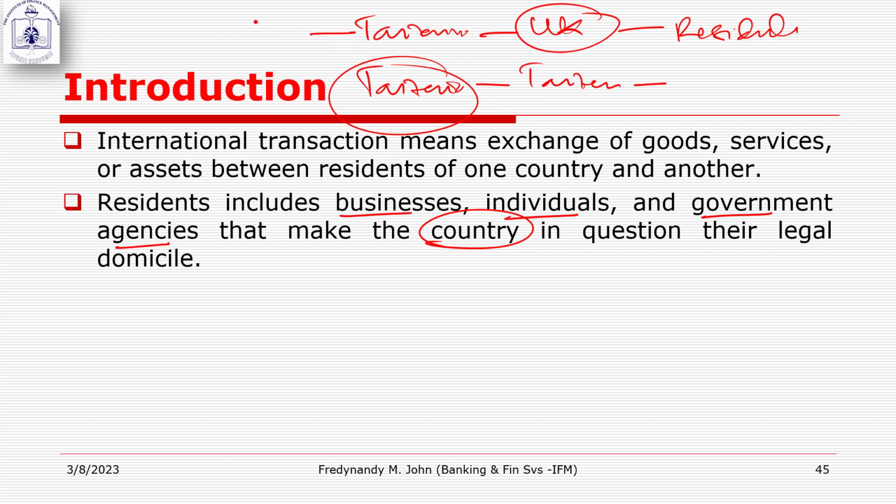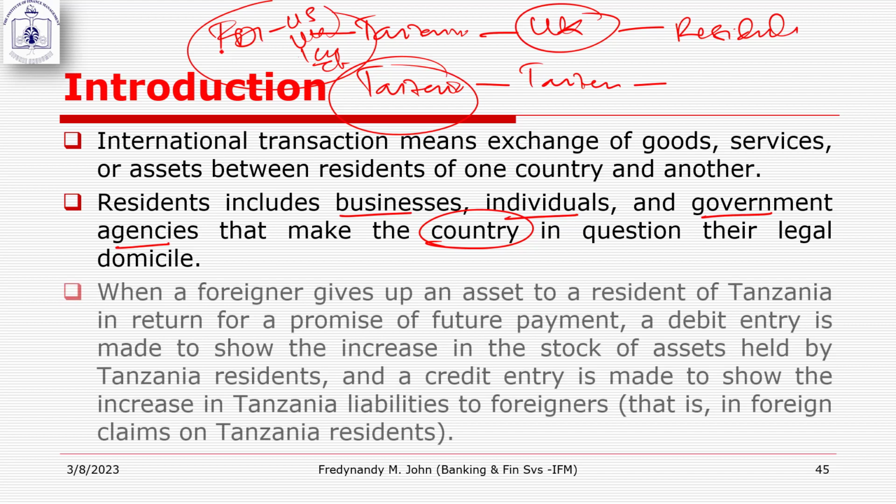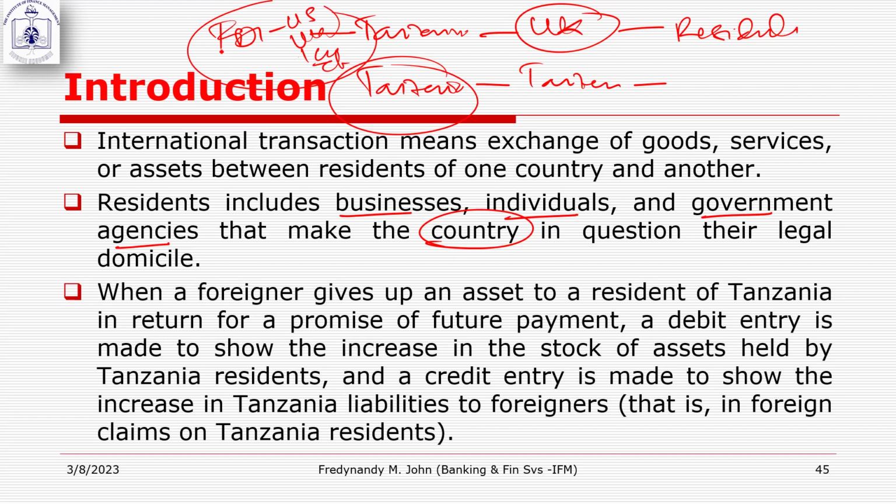Again, if a Tanzanian company has an FDI, let's say in the US, UK, Kenya, Uganda, etc., then that FDI is considered a resident of those particular countries, even though its headquarters are in Tanzania.